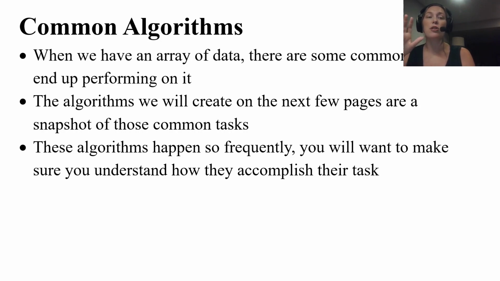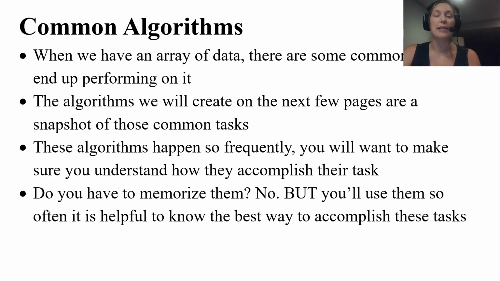You'll want to make sure that you understand how these algorithms accomplish their task. What I'm going to do is give you an instruction telling you to write a method to do something with the array, and you're going to use one of those common algorithms to accomplish that task.